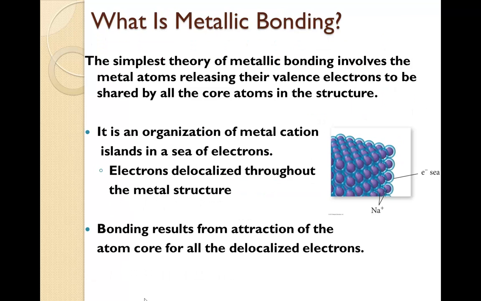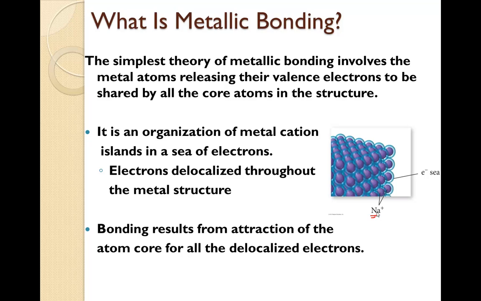So what is metallic bonding? The simplest theory of metallic bonding involves the metal atoms releasing their valence electrons to be shared by all the core atoms in the structure. So if we look here, this is an example of sodium.